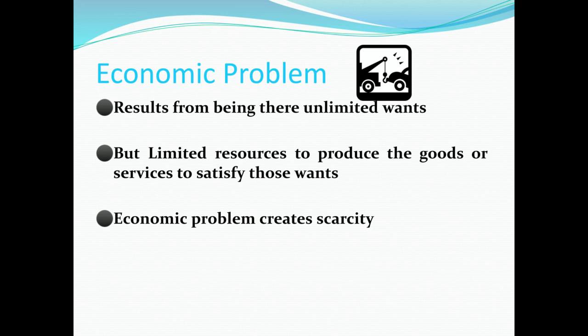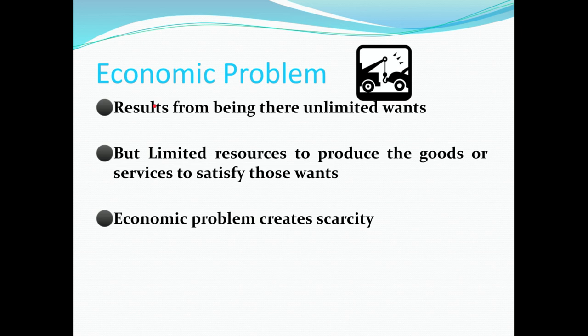You have already an iPhone 6. Now, iPhone 8 is, let's say, out in the market. You want another iPhone 8, and then iPhone 9, iPhone 10. So it goes on like that. Your wants are unlimited because that is human nature. All right? That is one of the causes why there is economic problem.